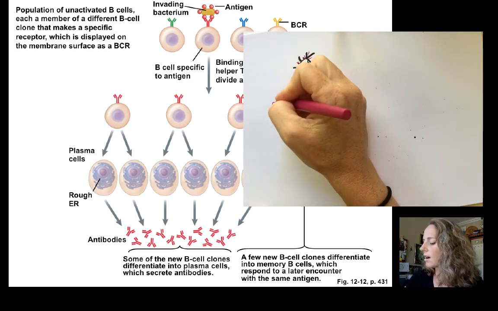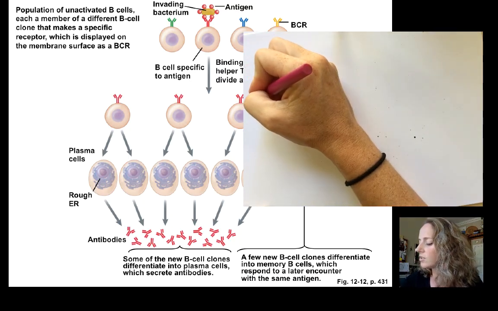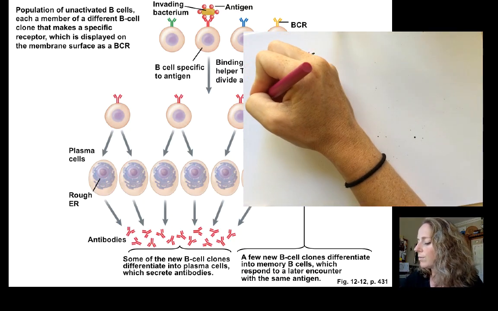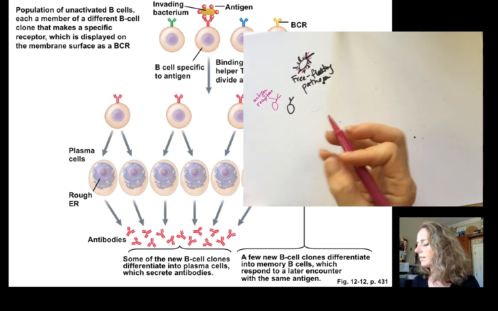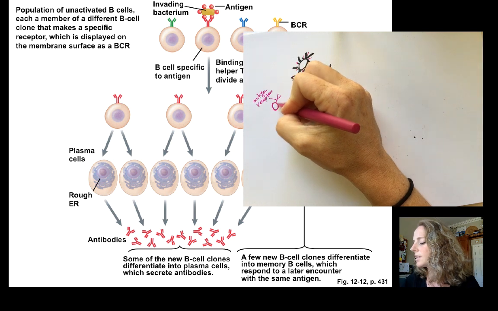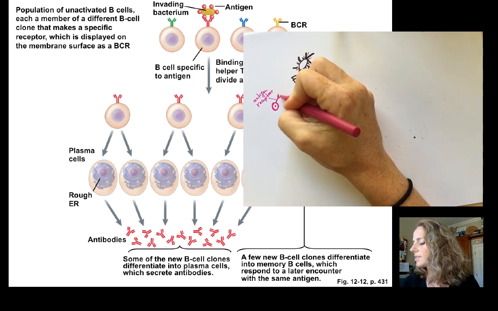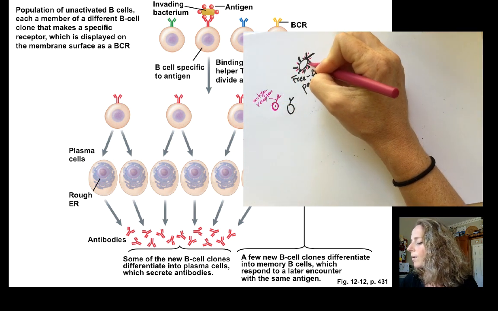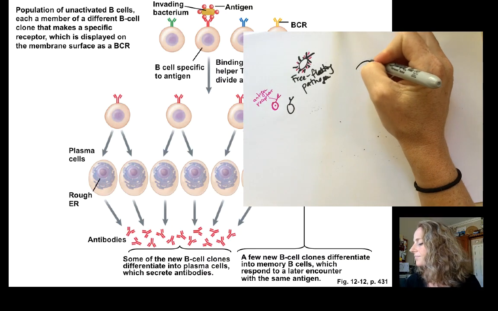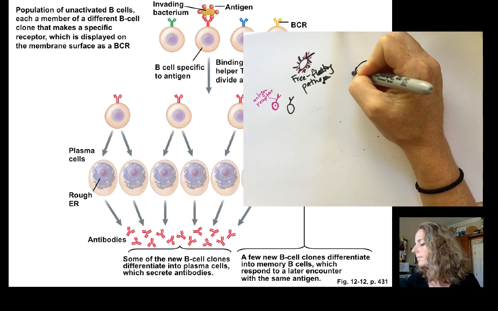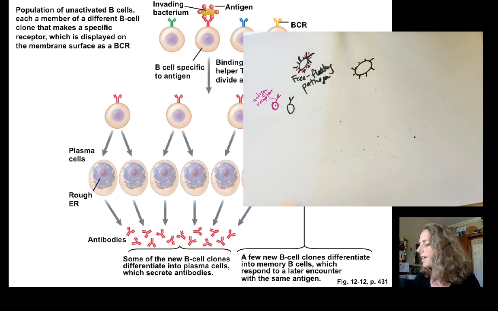So these are antigen receptors. And let's just follow this pink B cell. So this particular B cell has a specific receptor for this molecule on this bacteria. It's going to go near the bacteria and recognize that molecule.